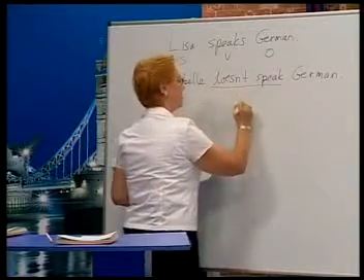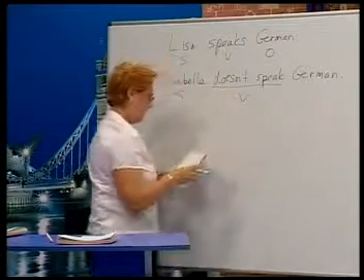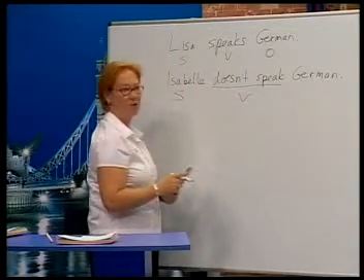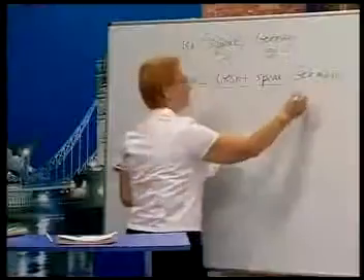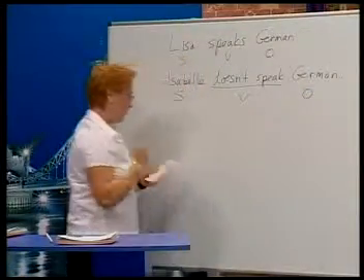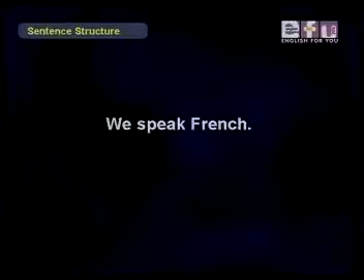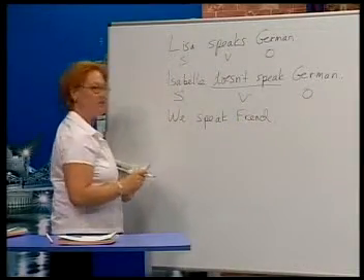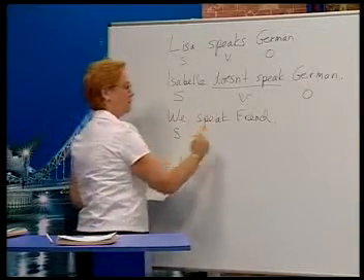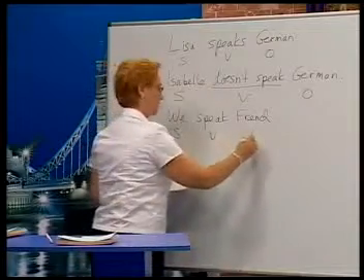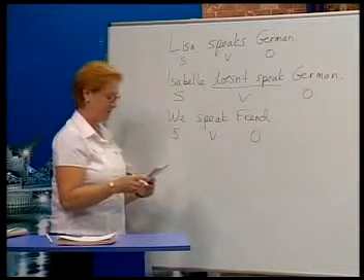Yes, this is the verb, 2 words. And Lisa, what is German? The object. Yes, good. Okay, one more. We speak French. Okay, Ali, you tell me the parts of the sentence. We is the subject. Speak is the verb. French is the object. Yes, very good.